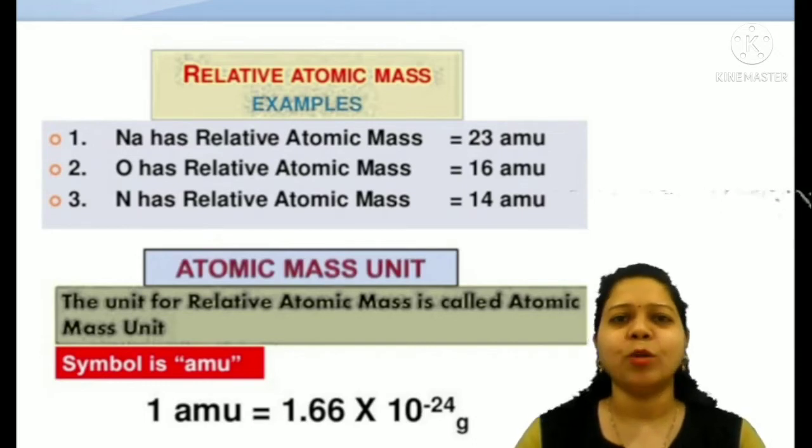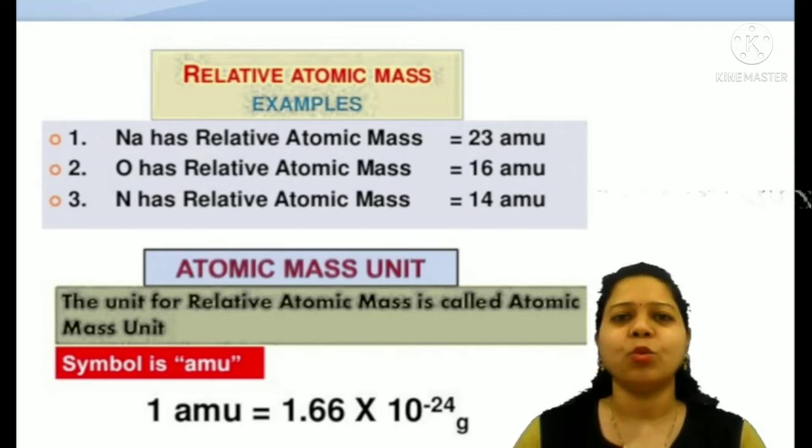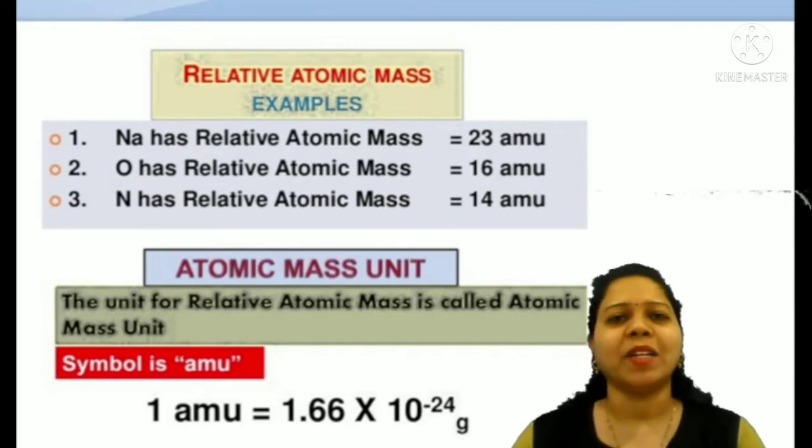Initially, scientists decided to take hydrogen as the standard element, but hydrogen does not react with many elements. That's why after some experiments, scientists decided to take carbon as the standard element because it has the capacity to combine or react with many elements to form different types of compounds.